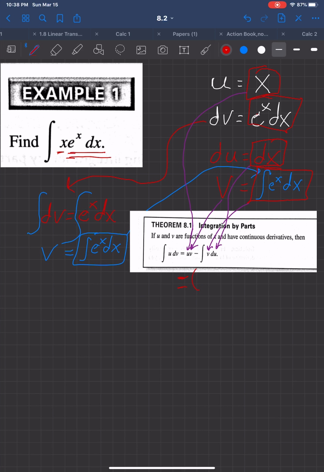We said u was defined to be x, and we said v was defined to be the integral of e to the x dx minus the integral of, and now continuing.